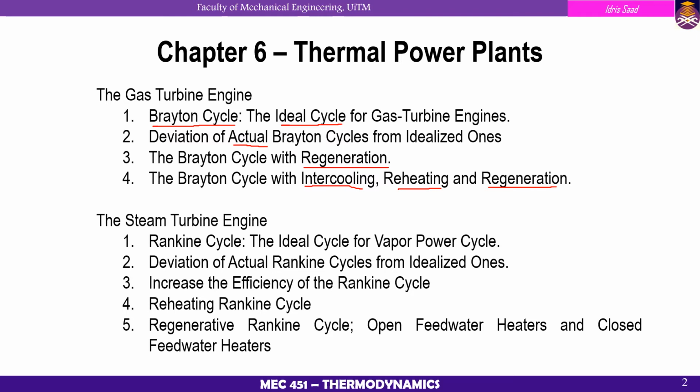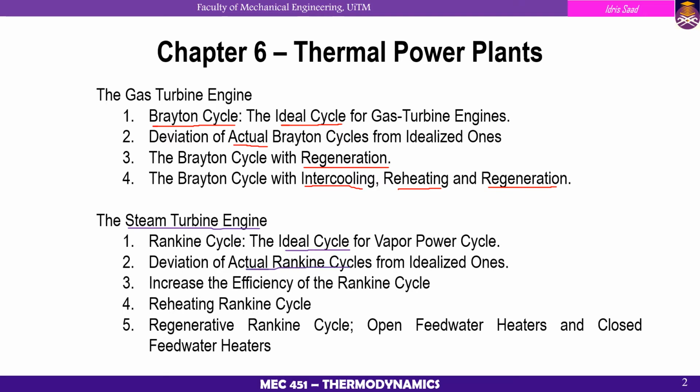So the second part of this chapter, basically we will focus on the steam turbine engine. First, we will learn about the Rankine cycle, which is the ideal cycle for the vapor power cycle. Then after the ideal cycle, we will learn about the deviation of the actual Rankine cycle from the idealized one.